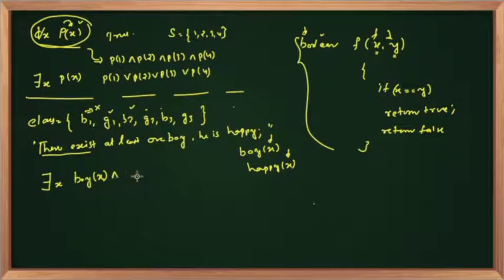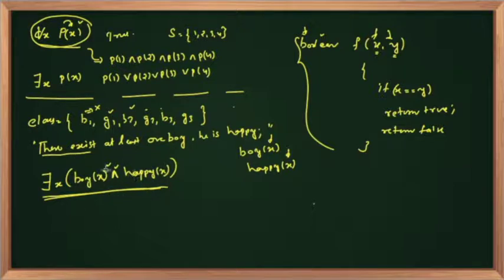So: there exists x, boy of x and happy of x. This statement represents that there exists a boy in this class who is happy. We are using and to connect these two properties of the boy.